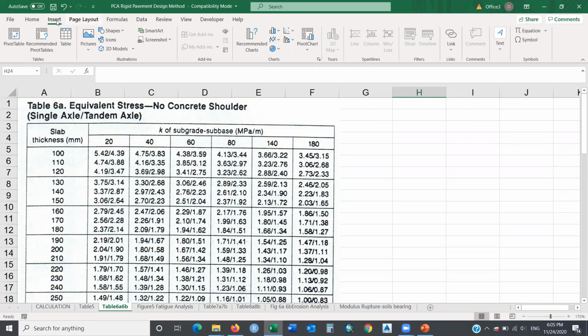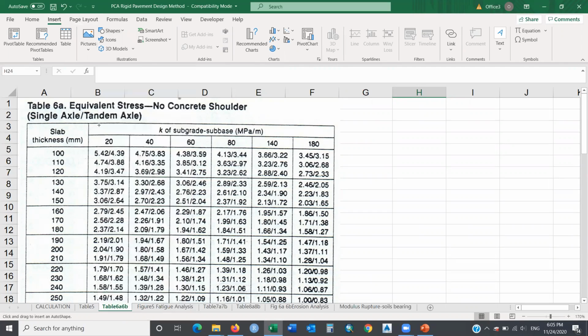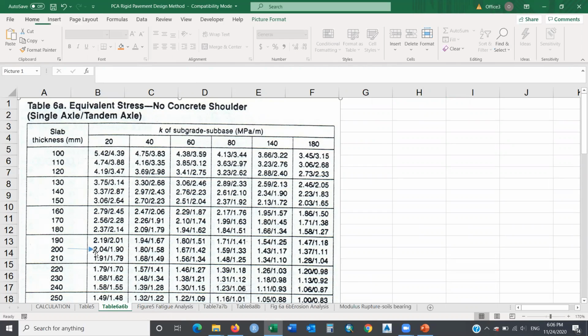So for instance, let us imagine we are designing 200. And let us imagine our K of the subgrade subbase is 20. In that case, my equivalent stress for the single axle is 204.